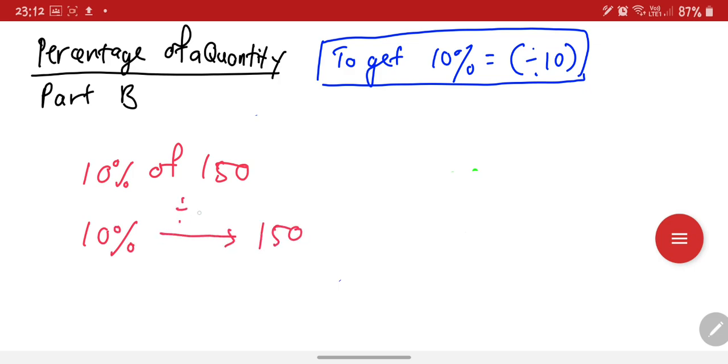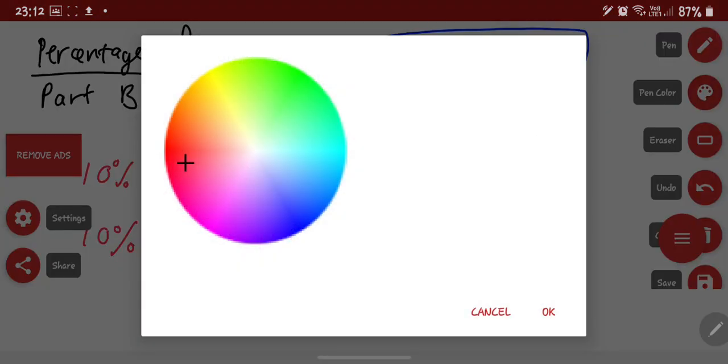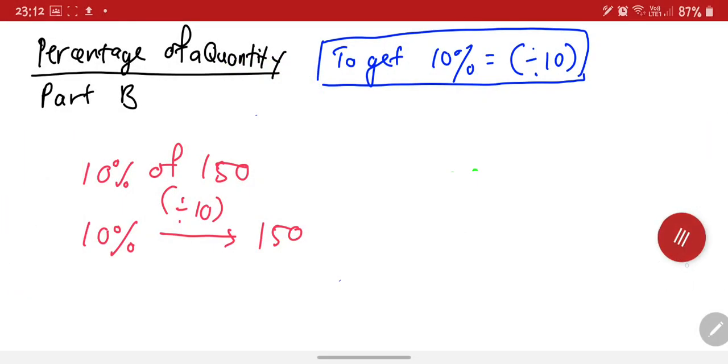You have to divide by 10. So when you divide by 10, you have to move the decimal to the left. Where's the decimal? It's a whole number, so it's behind the 0. So move to the left, right? So now your 10% of 150 will be 15.